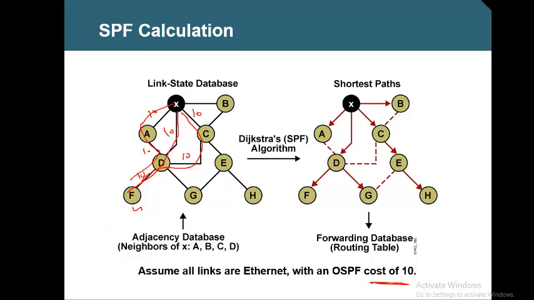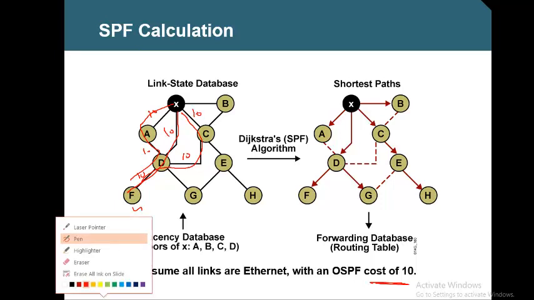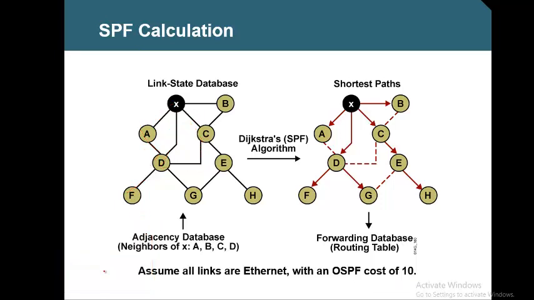So going straight from X to D and D to F is the best. The low cost path is calculated by calculating the path cost.